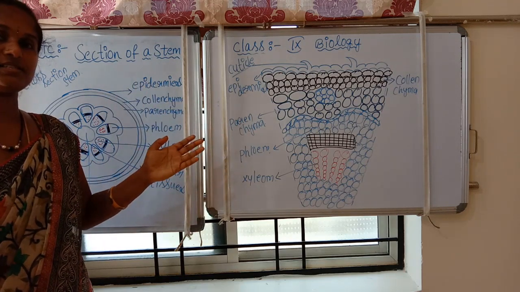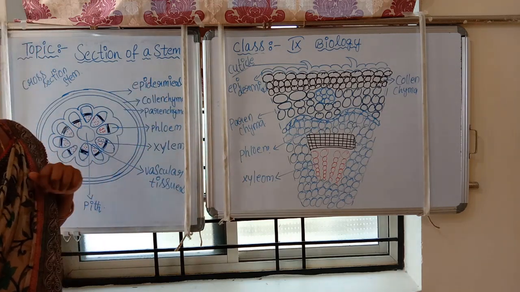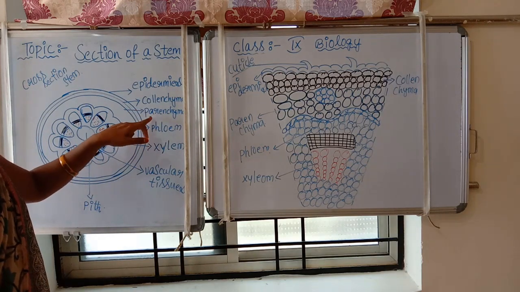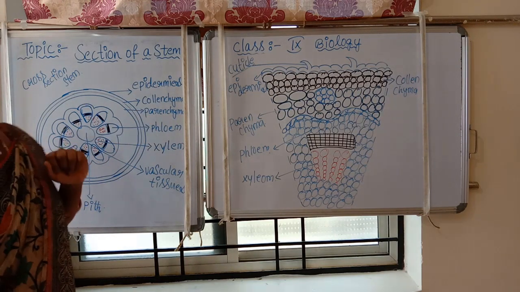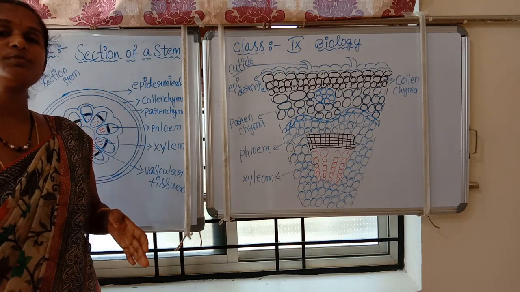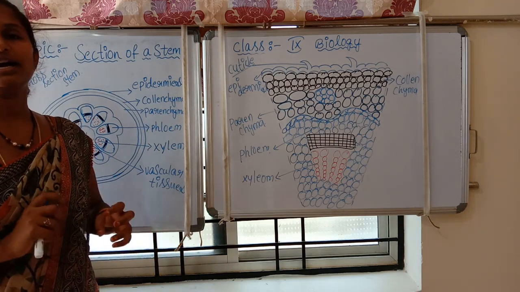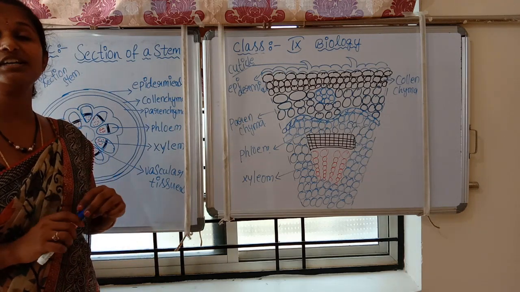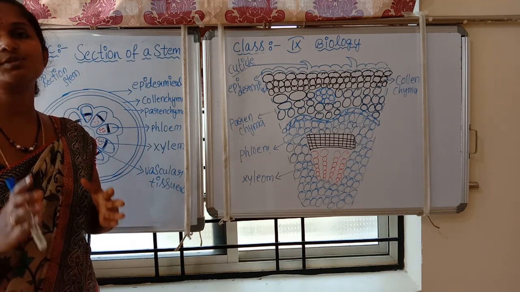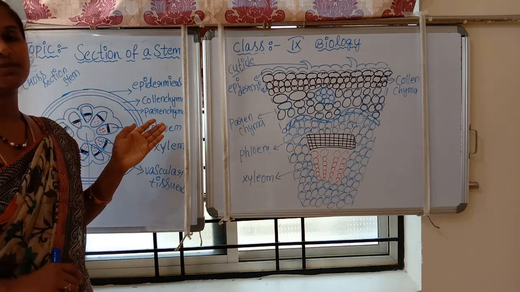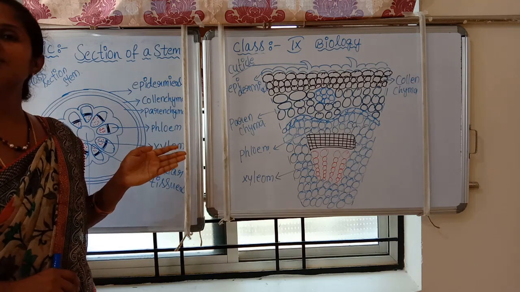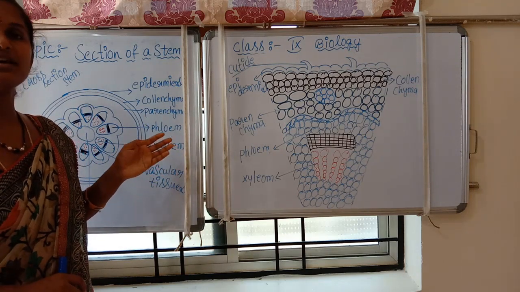We will discuss the epidermis in more depth in the next classes. First we will discuss the parenchyma. Parenchyma is a loose structure with intercellular spaces, and it is the first simple permanent tissue in a plant.